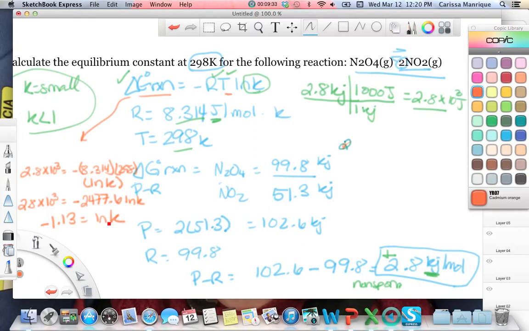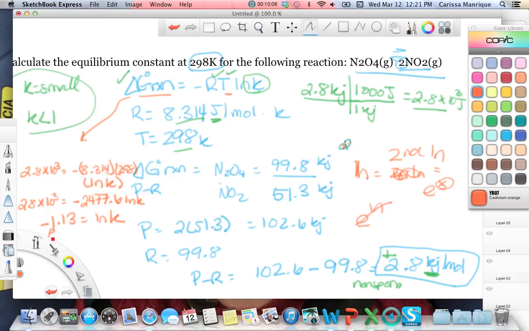Now to get rid of natural log here, you have to do e. So on the calculator, to get rid of natural log, you press second natural log, which is your e to the x.